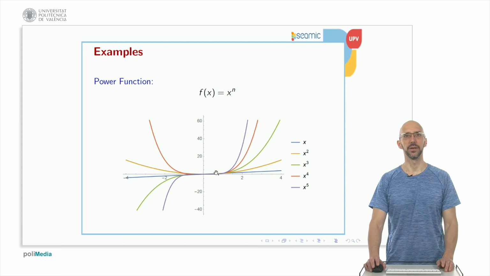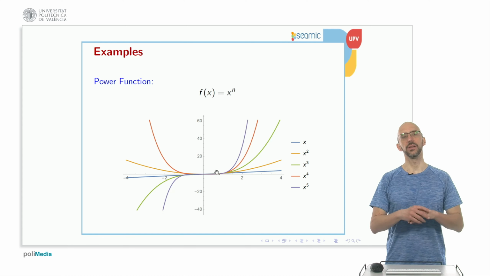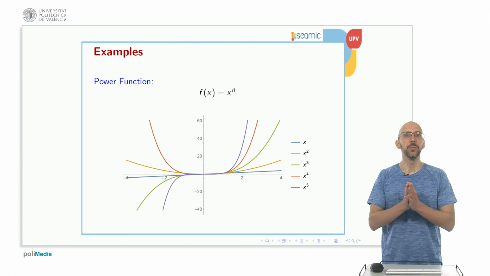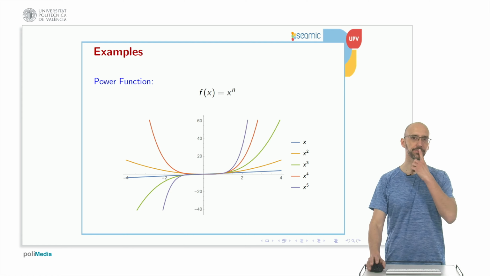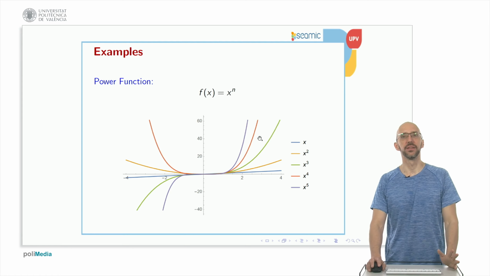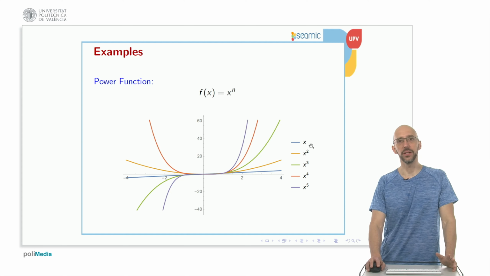So here you have one. In this plot, in this graph, even if it's a little bit complicated, be careful with the graph. We have plotted different power functions like x to the 1, x squared, x cubed, x to the 4th power, x to the 5th power.